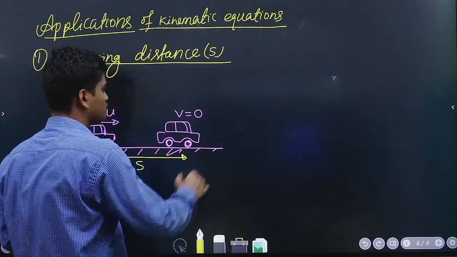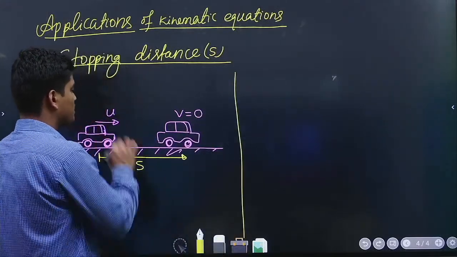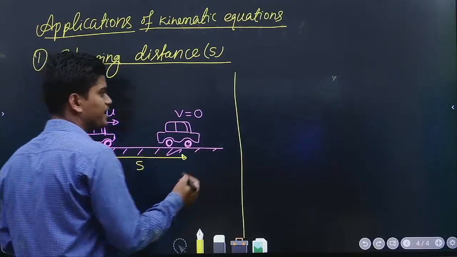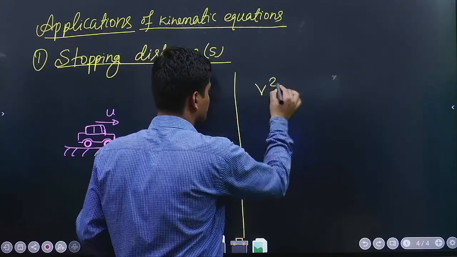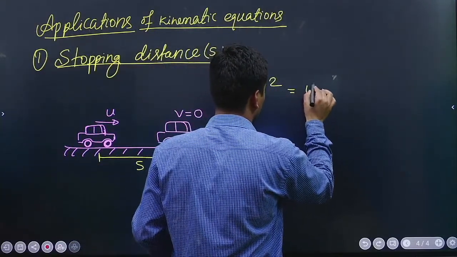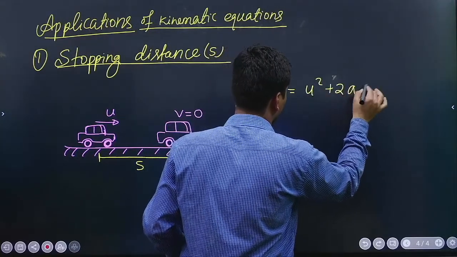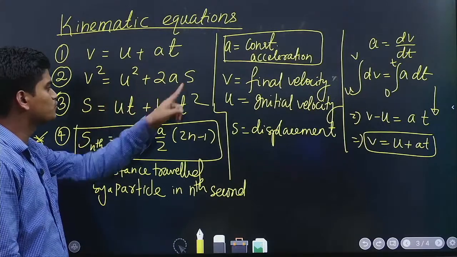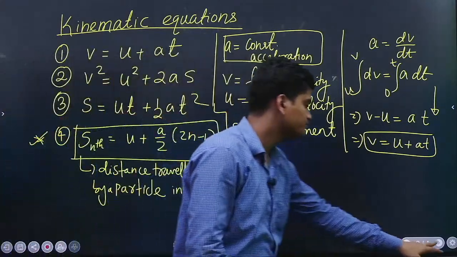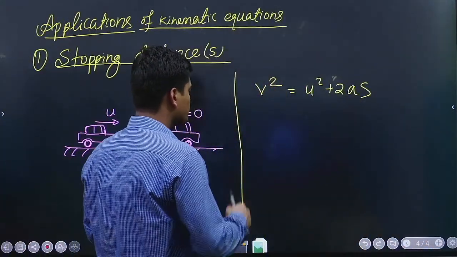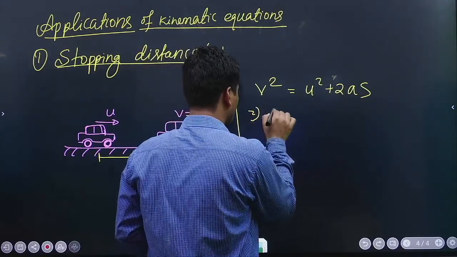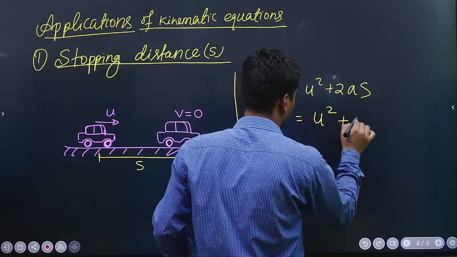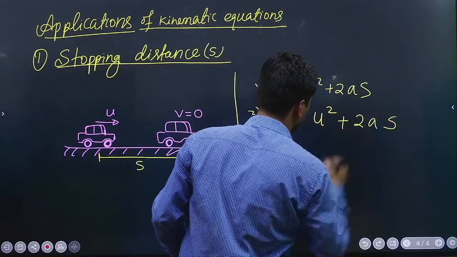Now listen, here a simple idea will apply. Initial velocity u, final velocity 0, and displacement s. I can choose the second equation, v square equal to u square plus 2as. Applying final velocity 0: 0 square equals u square plus 2 into a into s.